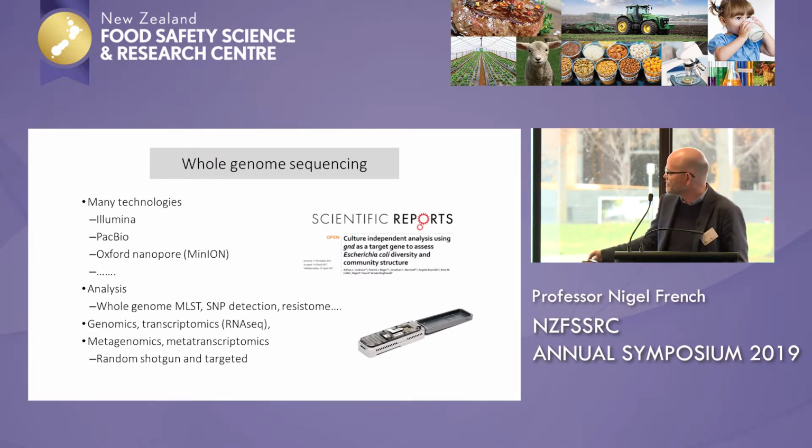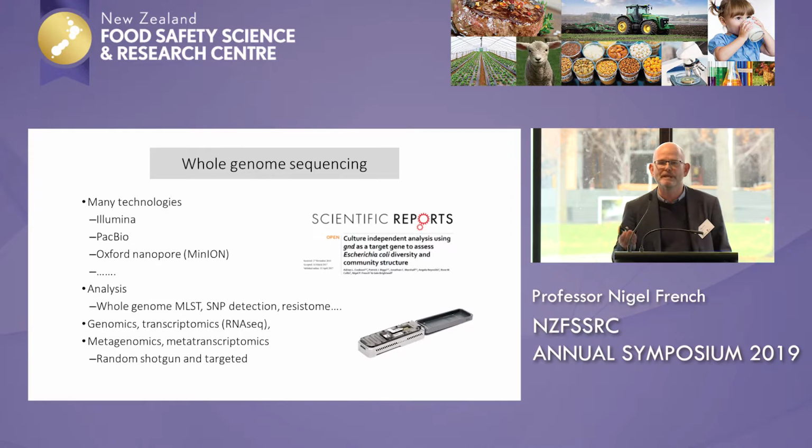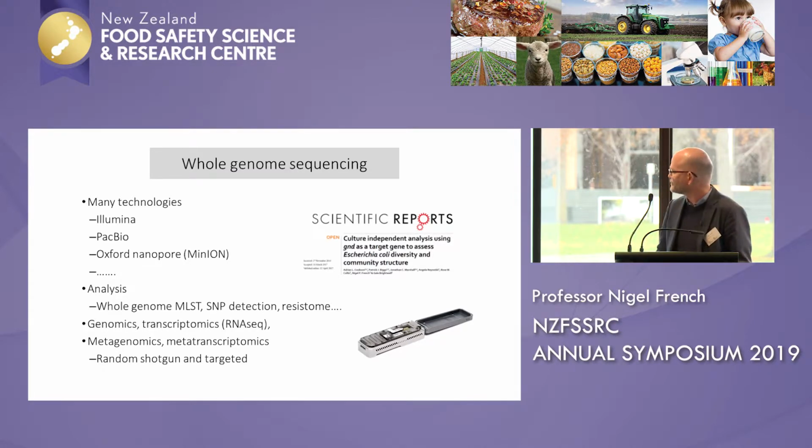And then in terms of the methods, the downstream approaches for analyzing the data have become much better as well. And as was mentioned before, whole genome sequencing is just one aspect. There are many other aspects of omics related to this technology which can be applied as well. And Patrick talked about a metagenomic approach for looking at communities of DNA as well.